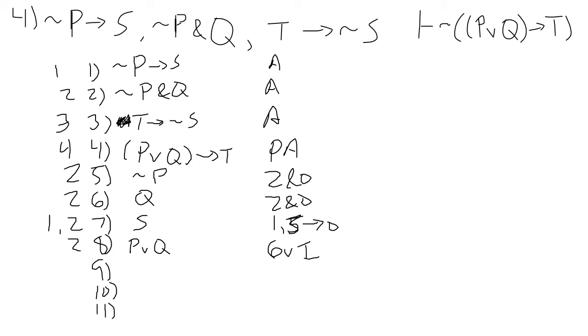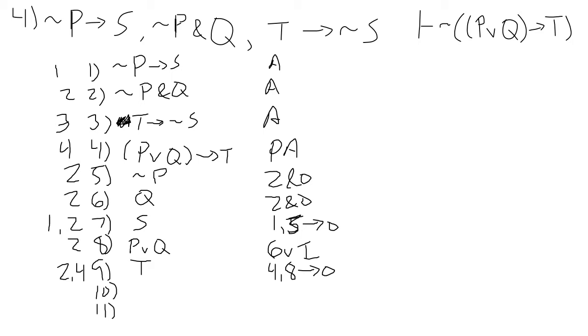So I can toss it into 4 to get T. So that will be 4 and 8. Arrow out. 4 and 8 have 2 and 4.